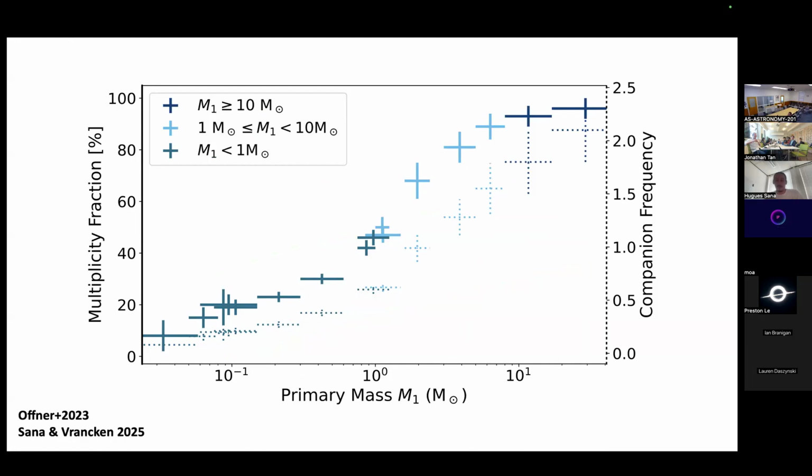slicing the mass axis into many, many more bins and showed, I mean, this is something that's been shown earlier, right? I'm citing Offner because that's the most recent review, but we have a very nice increasing trend as a function of mass, with about half of the solar type stars being in binaries, but almost 100% of the O type stars being in binaries.